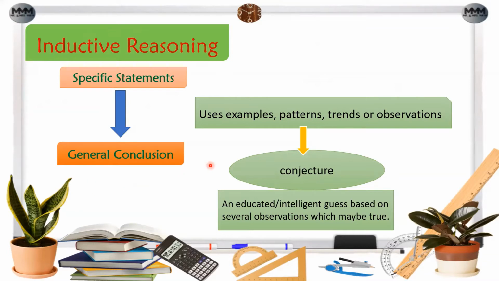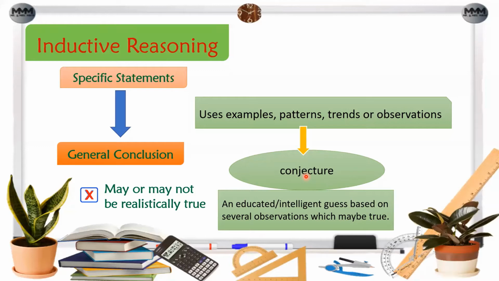So here, the strength of the conclusion is weak. Why? Because your conclusion is based only on specific statements. Hence, in inductive reasoning, the general conclusion may or may not be true. Actually, the conjecture or general conclusion can only be true if we prove it.